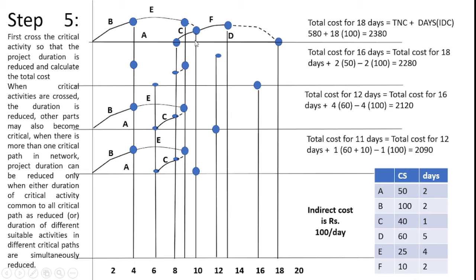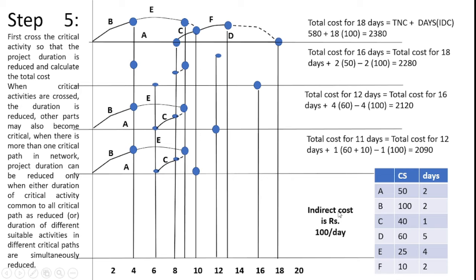So why do I do this? From this I can calculate the total cost. Here you see 8 plus D: A consumes 8 days, D consumes 10 days, and the other things are inter-activities, so the critical path consumes 18 days in total. For that reason I calculate the total cost for 18 days, which is calculated from the total normal cost identified from the problem, plus the number of days times the indirect cost provided by our problem.